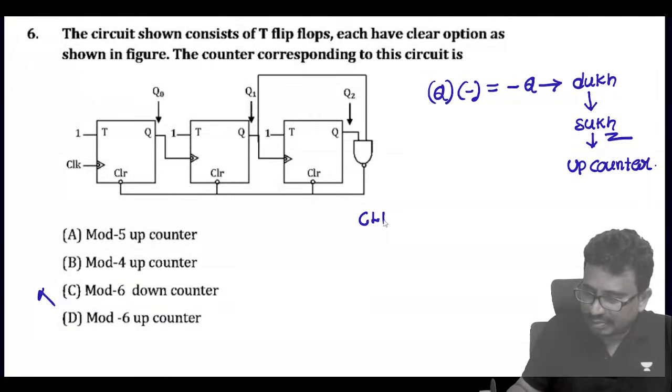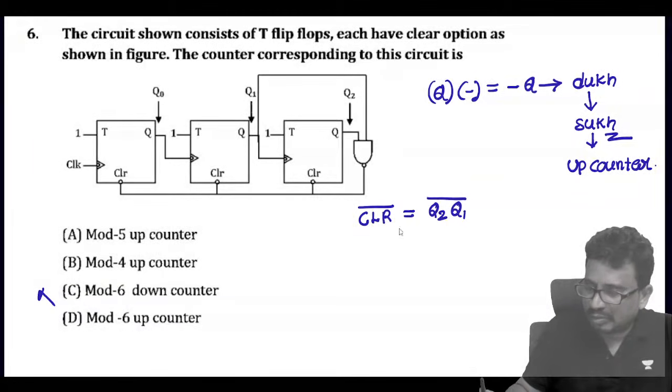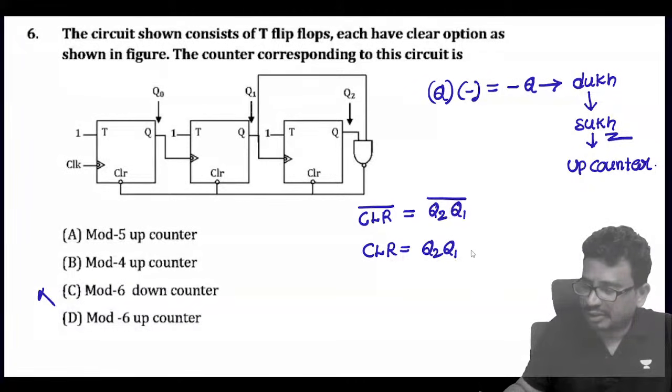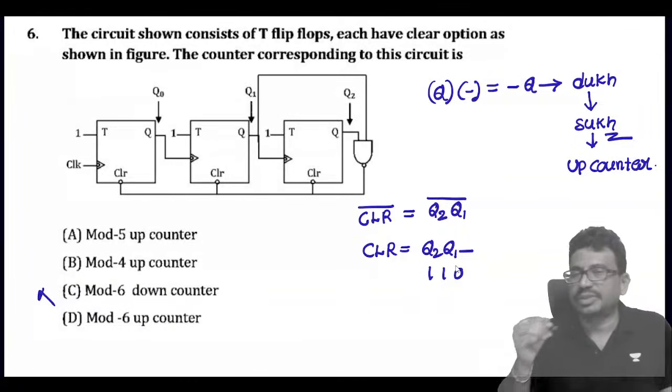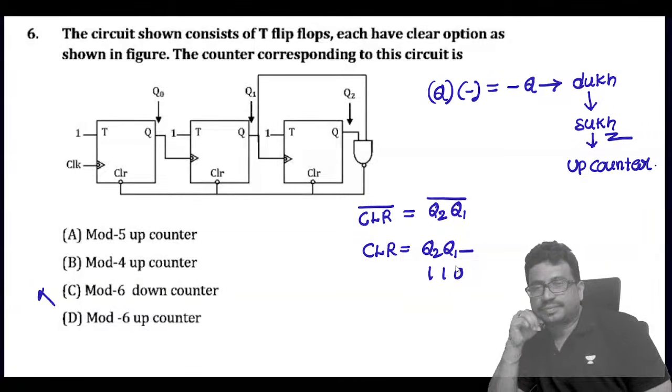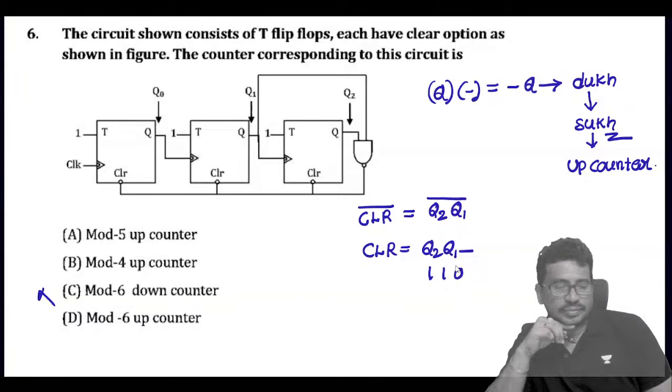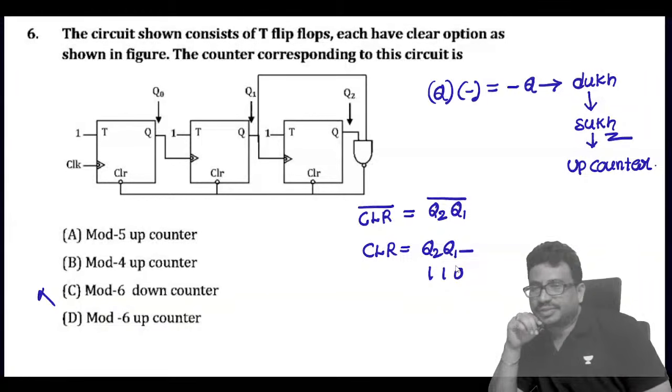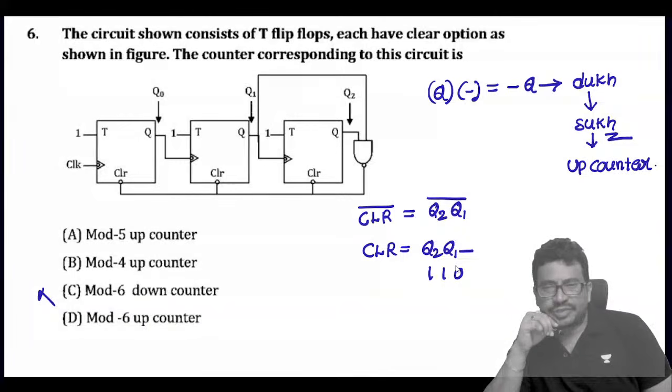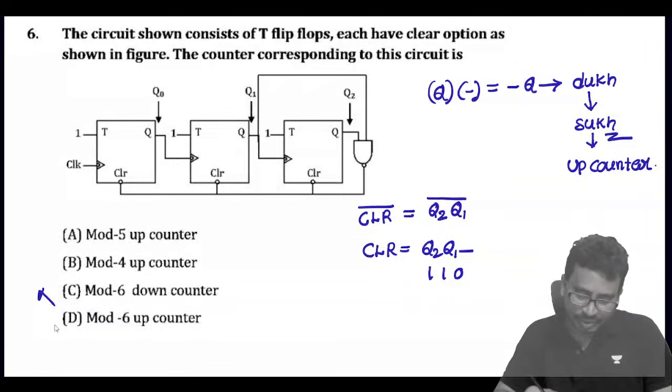So then clear bar which is activated when you see. So this is Q2 and this is Q1 whole bar. That means clear pin equals what terminal here, simply Q2 and Q1. So 1, 1. So this is what terminal, 0 now. 1, 1 and this is 0. So that means I can say it is a mod 6 up counter.